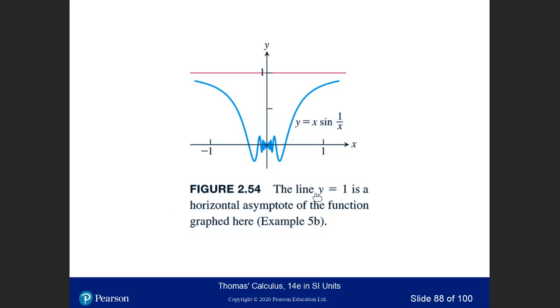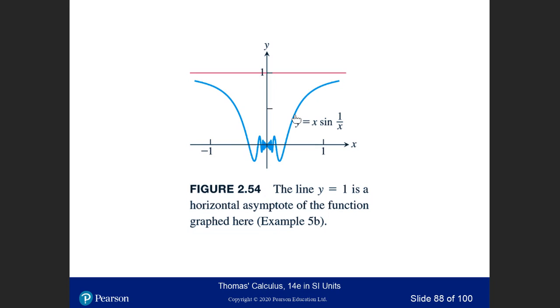Let's look at this function: y equals x times sine of 1 over x. It wildly oscillates here, but we don't care about this because we want to know what happens as x goes to infinity or as x goes to minus infinity.